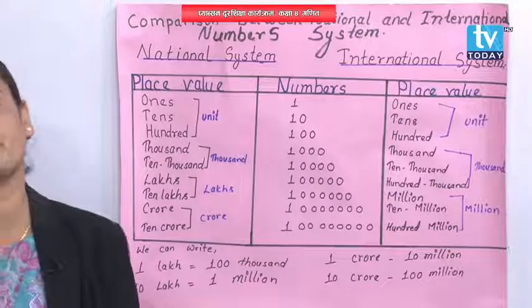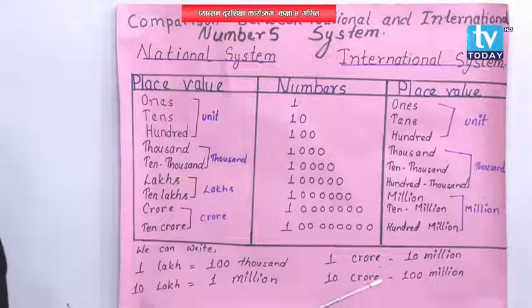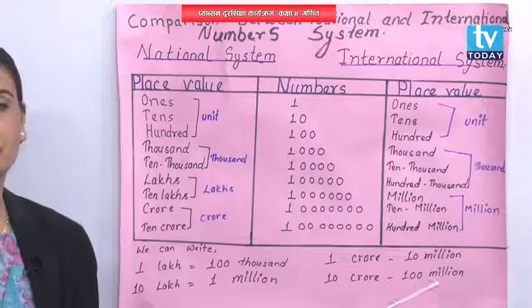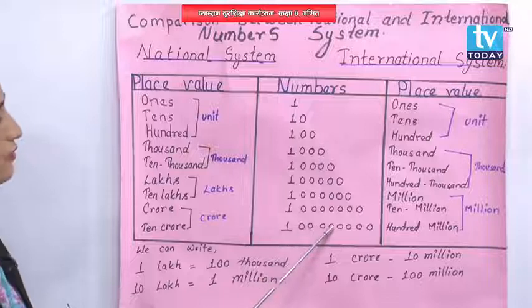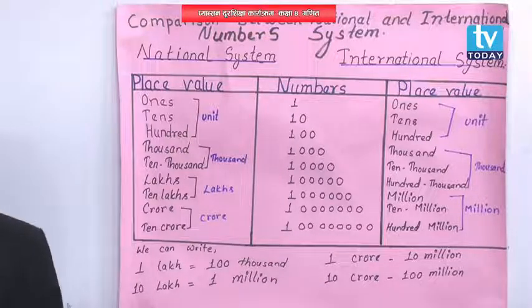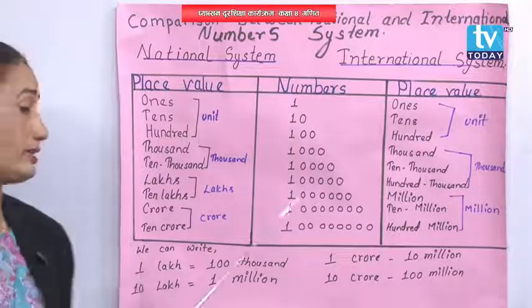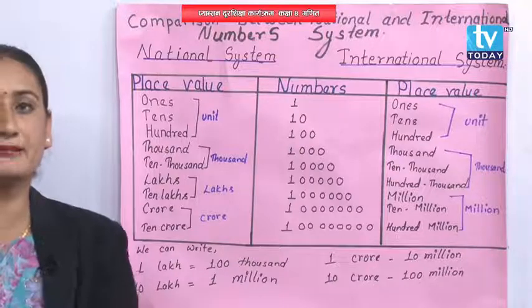It's eight, right? Please check: write down 1 and then 1, 2, 3, 4, 5, 6, 7, 8. It's eight zeros, 1 and eight zeros. It's 10 crore. Done?